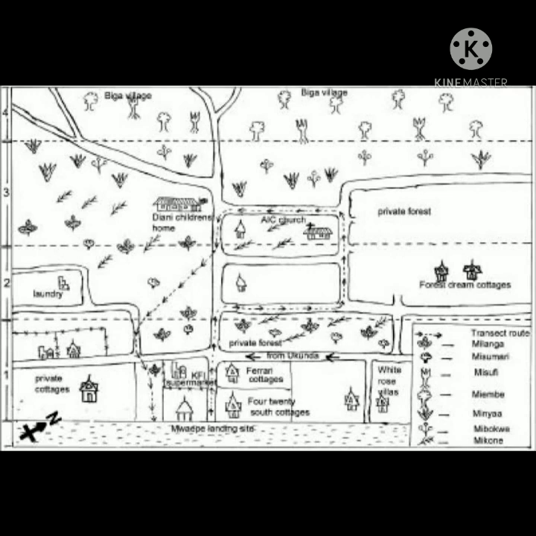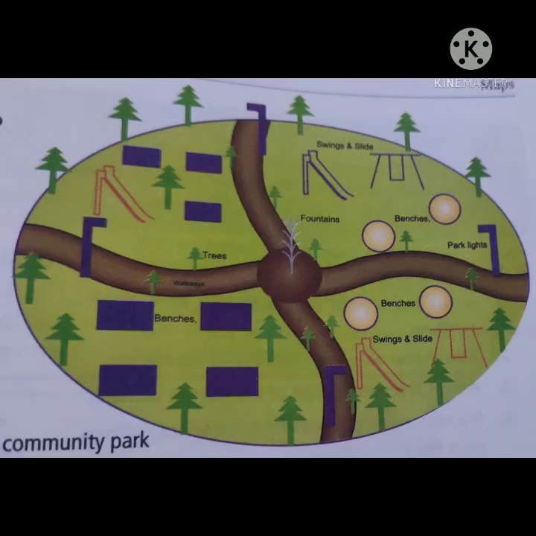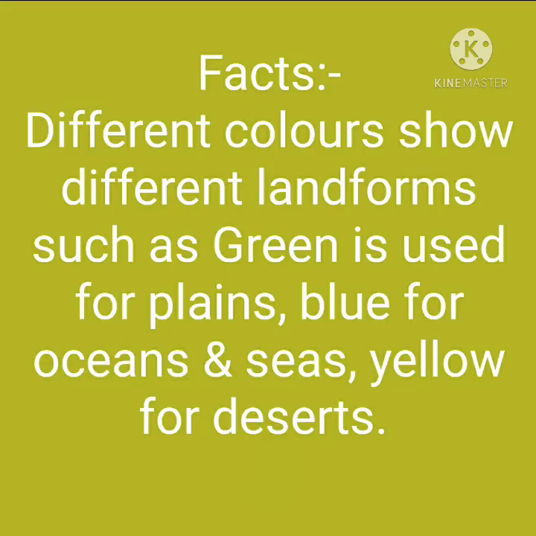Now we will study about plan. Plans are detailed drawings of small areas and are often used for technical purposes. A plan represents a very small area drawn on a large scale with great details, as you can see in the image.